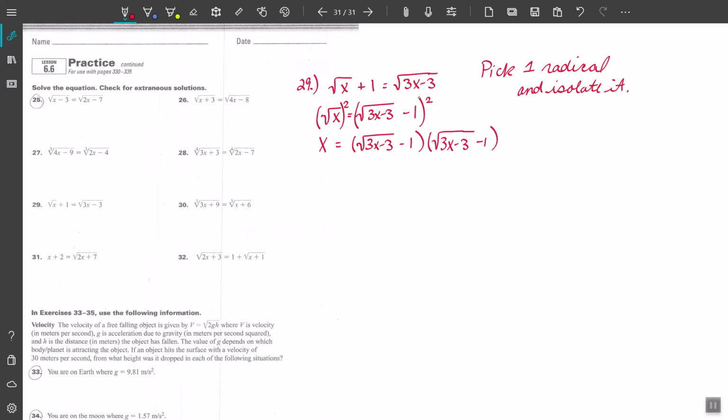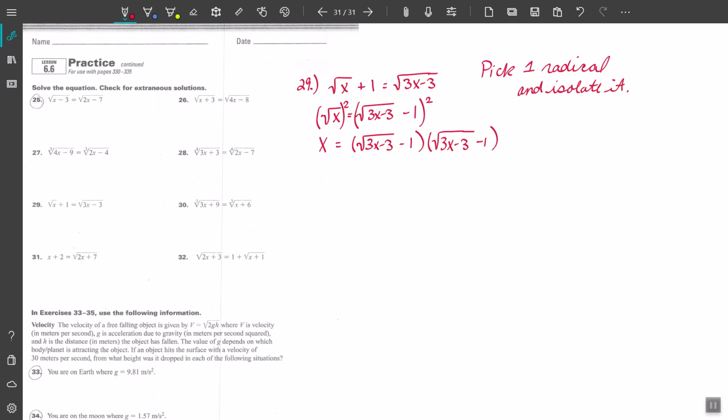So this is not a difference of squares. This is not where you can square the first term and square the second term. This does not work like that. You've got to remember that we're squaring the entire thing, so we need to rewrite it twice.